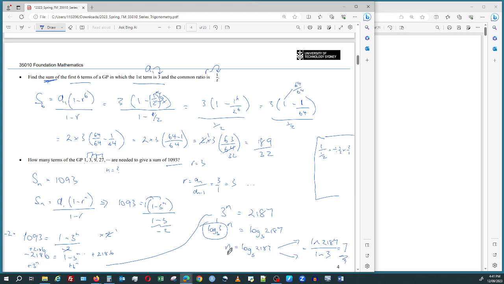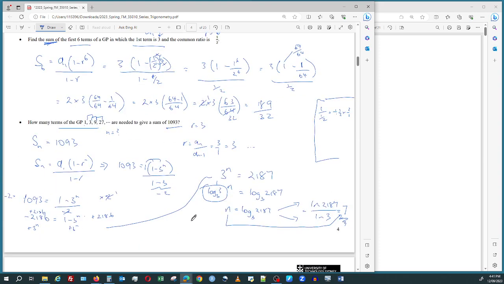So n equals 7, and that makes perfect sense. n equals 7 is the number of terms needed to give the GP a sum of 1093. So we should probably write that formally, shouldn't we? Therefore, 7 terms are needed for Sn to equal 1093.